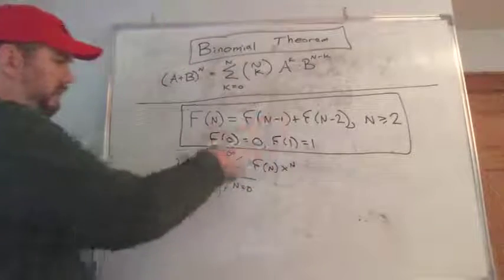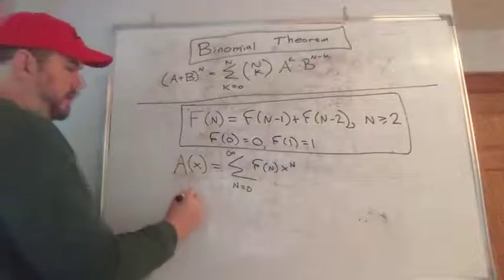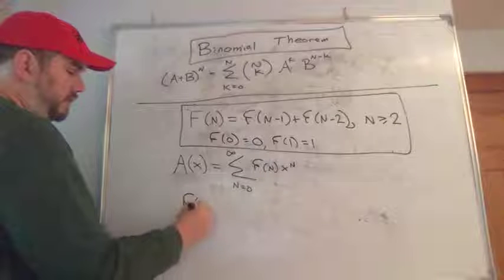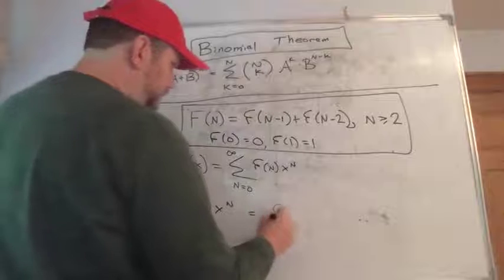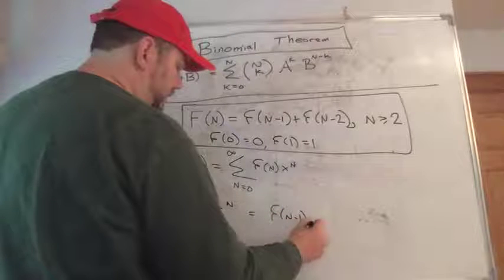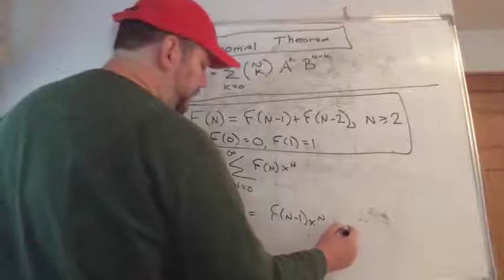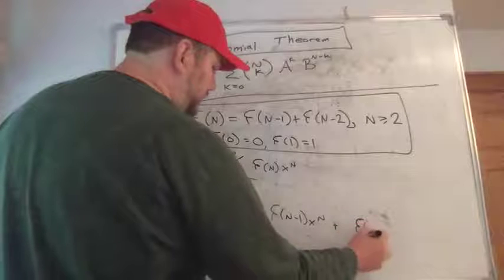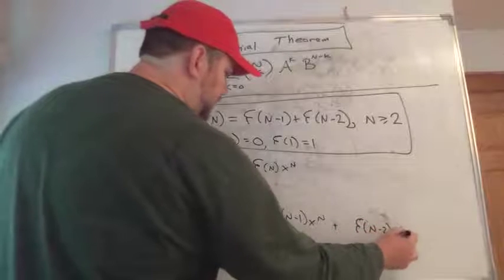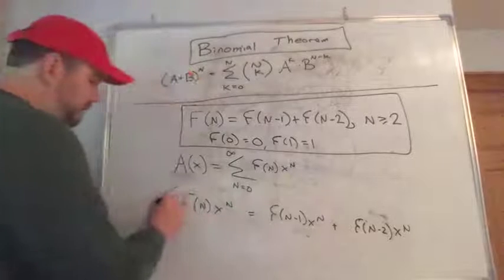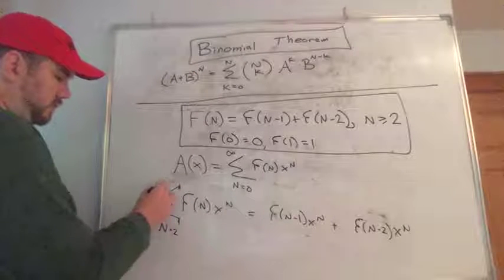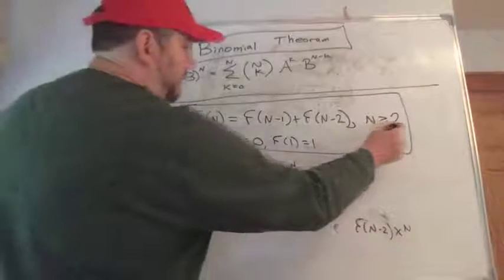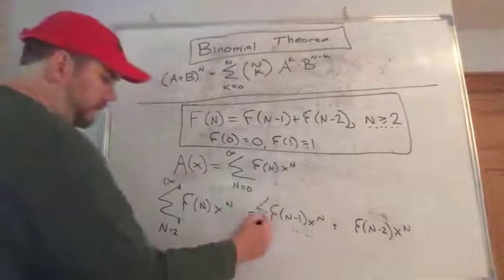And then I'm going to use that along with this recurrence, so I'm going to have f of n x to the n equals f of n minus 1 x to the n plus f of n minus 2 x to the n. And this is going to be valid for n equals 2 to infinity because that's where my recurrence conditions are valid.